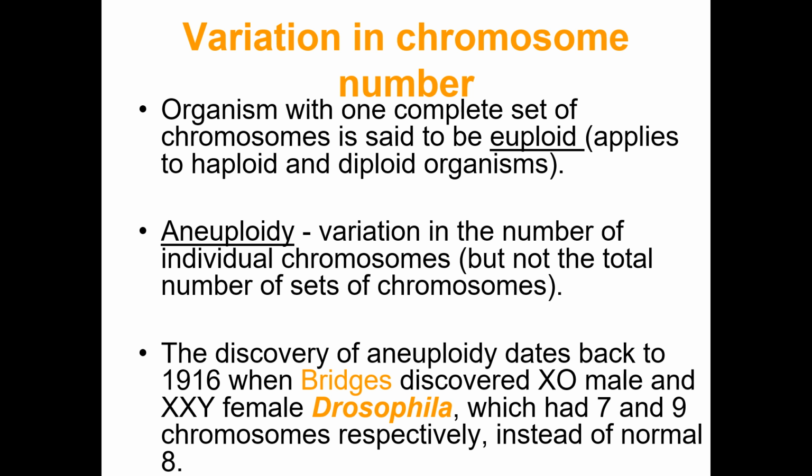Now, with this background, let's study the variation in chromosome numbers. An organism with one complete set of chromosomes is said to be euploid.